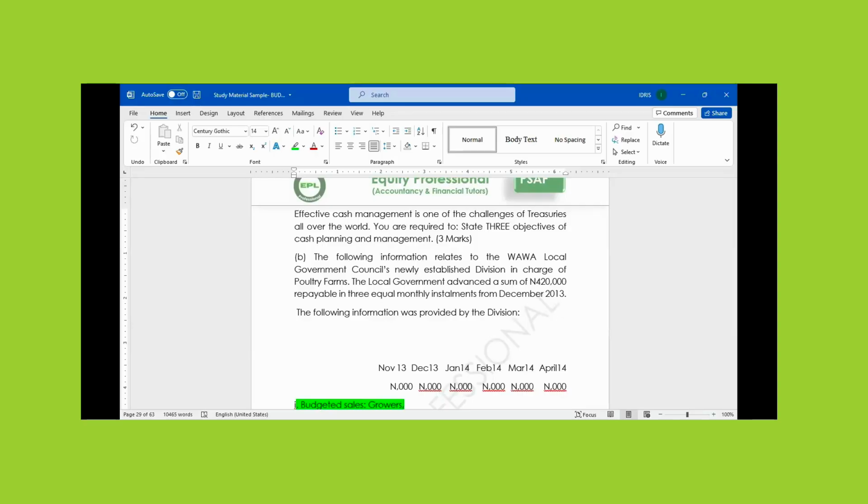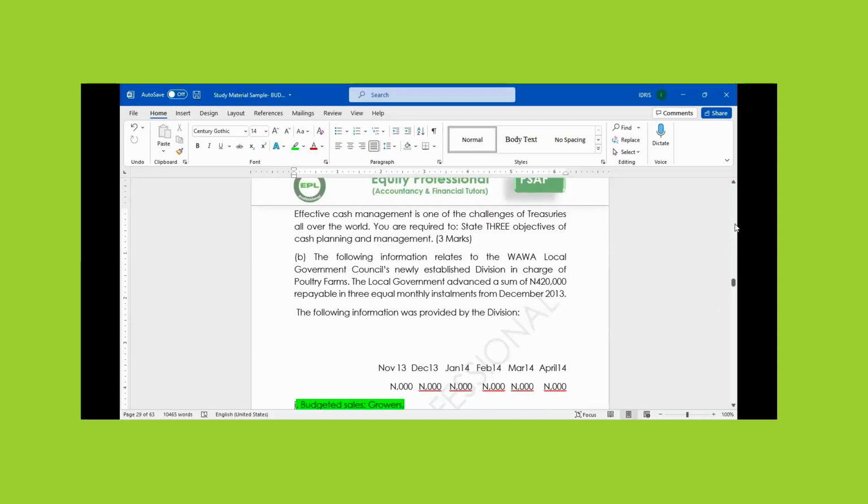So, ladies and gentlemen, you know we are preparing cash budget for January to March. One thing is missing in this question, which we must find by ourselves.